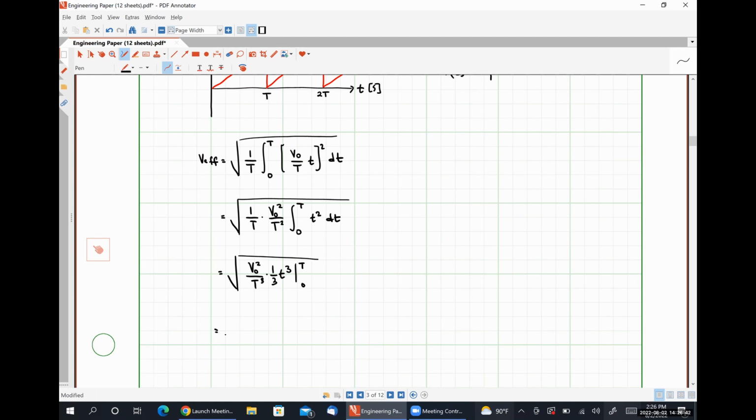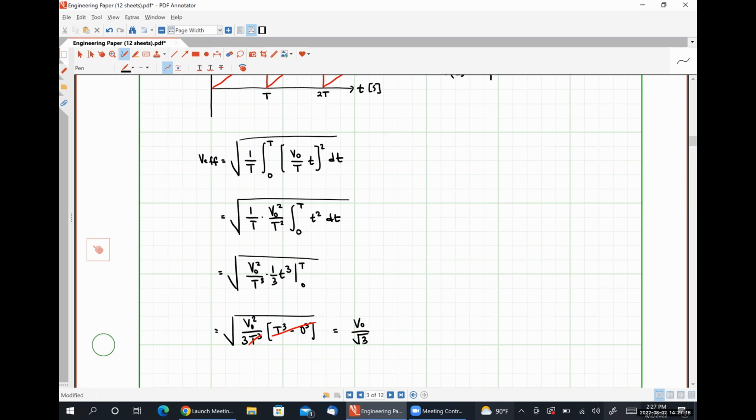And so what we're going to wind up having is V naught squared over 3T cubed multiplied by T cubed minus 0 cubed, where this bit right here cancels this bit right here. And so we wind up getting an effective value of V naught over the square root of 3.